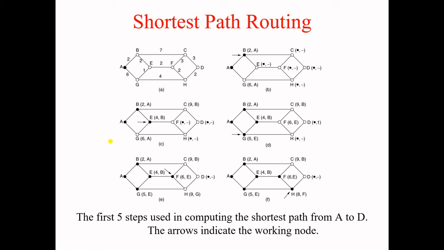So for this we have used Dijkstra algorithm. In Dijkstra algorithm, one by one step is followed, and after that it is found that the actual distance from source to destination.